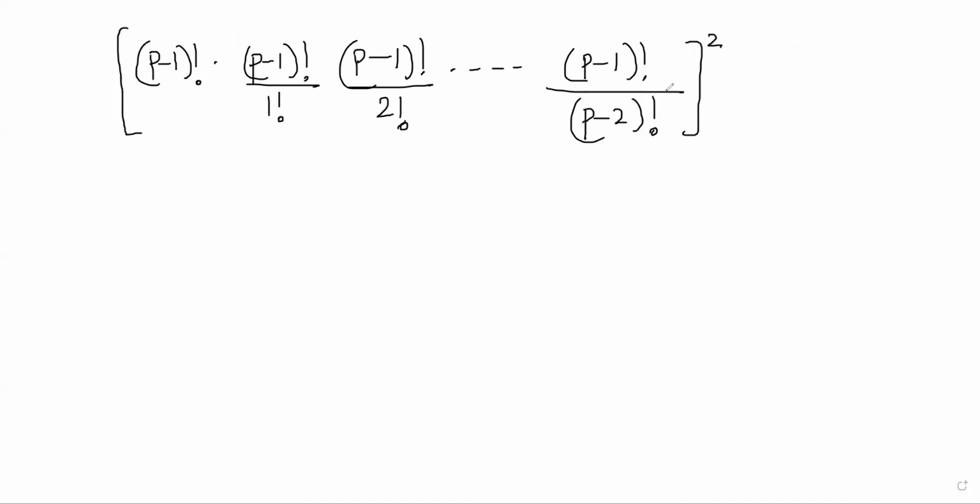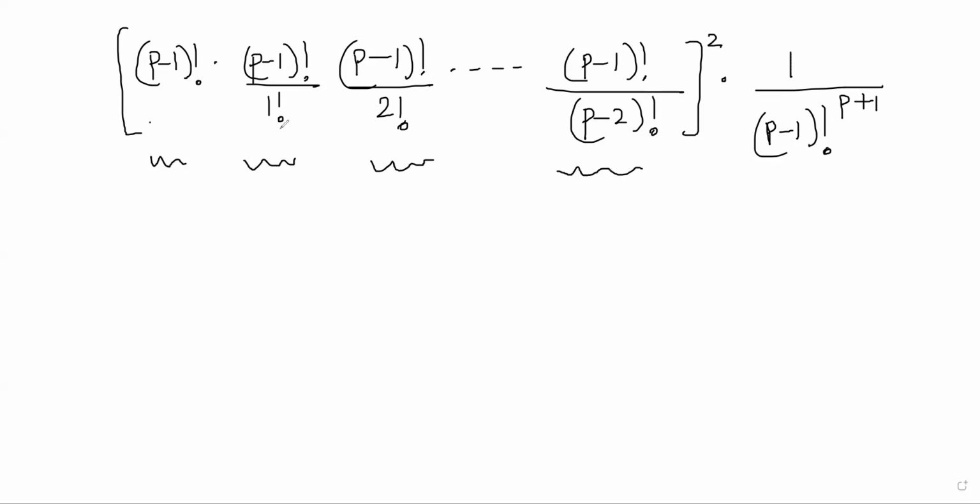Great. Okay. So this is my numerator, and in the denominator we have p minus 1 factorial to the power p plus 1. This was my denominator, right? Okay. So now again we have to think of simplifying it. Notice that there are p minus 1 terms here. The number of these terms is p minus 1, right?